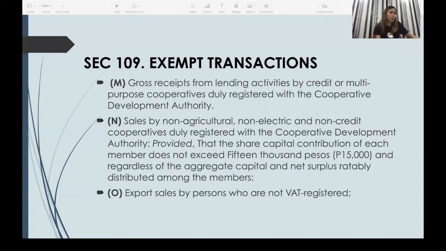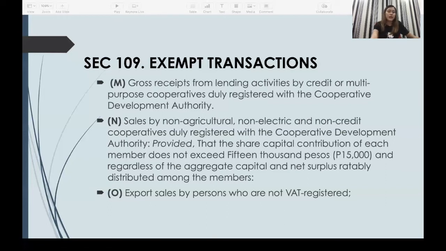Diyan napapasok yung not agricultural, hindi multi-purpose co-op, hindi credit co-op. For example, si cooperative na decide to put up a convenience store. So, convenience store, hindi siya agricultural, hindi siya under Section 109L. Hindi siya credit co-op, so it will not belong to Section 109M. It will fall to Section 109N and not subject to VAT, provided nga na yung each member doon is not exceeding its share contribution of 15,000.